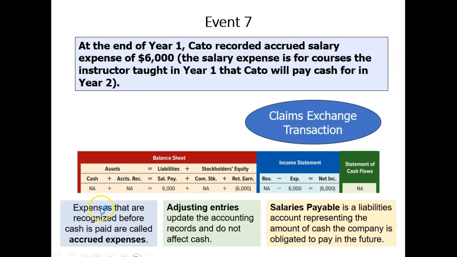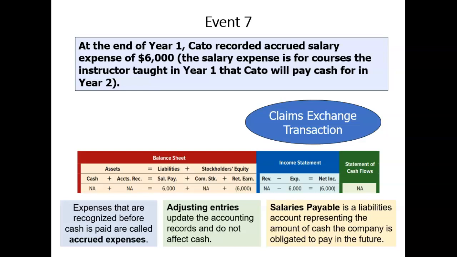So here it is, accrued expenses, or expenses that are recognized before cash has been paid. Adjusting entries update the accounting records and do not affect cash. So with this adjusting entry, what they're referring to is a transaction made at the end of the accounting period in order to update our accounting records.